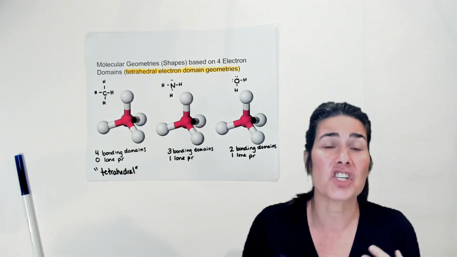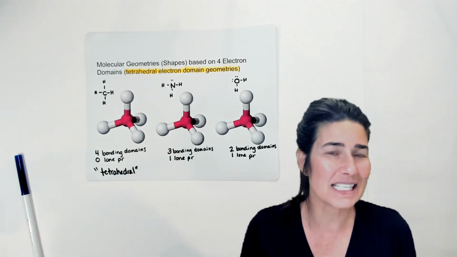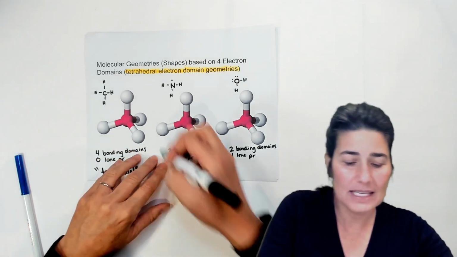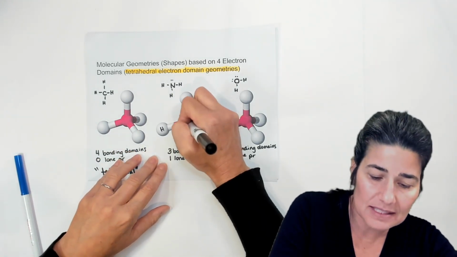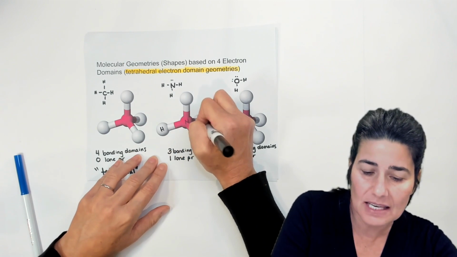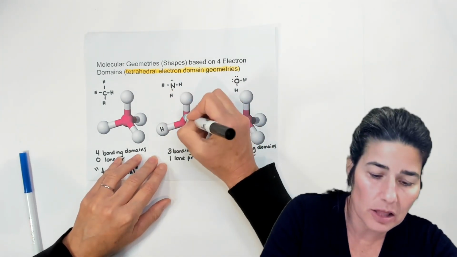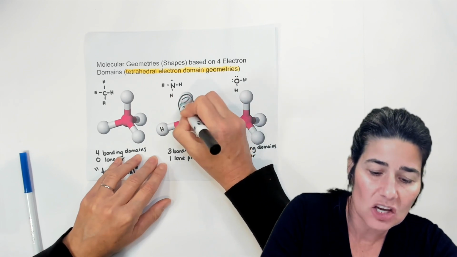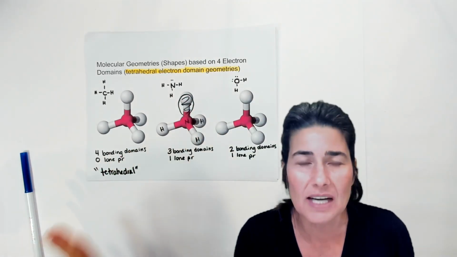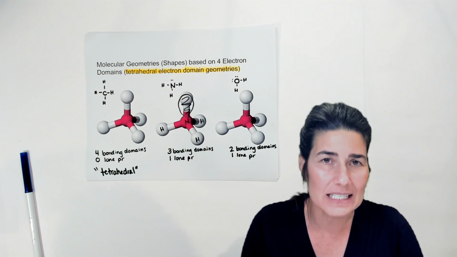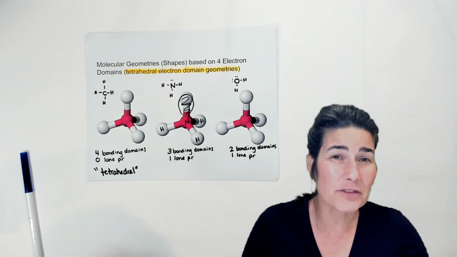When we look at the shape, we can't see everything. We can see the hydrogen, we can see the nitrogen, we can see the hydrogen, we can see the hydrogen, but it's like the lone pair is a ghost. It's ghosted out. We can't see it. So what's left over?